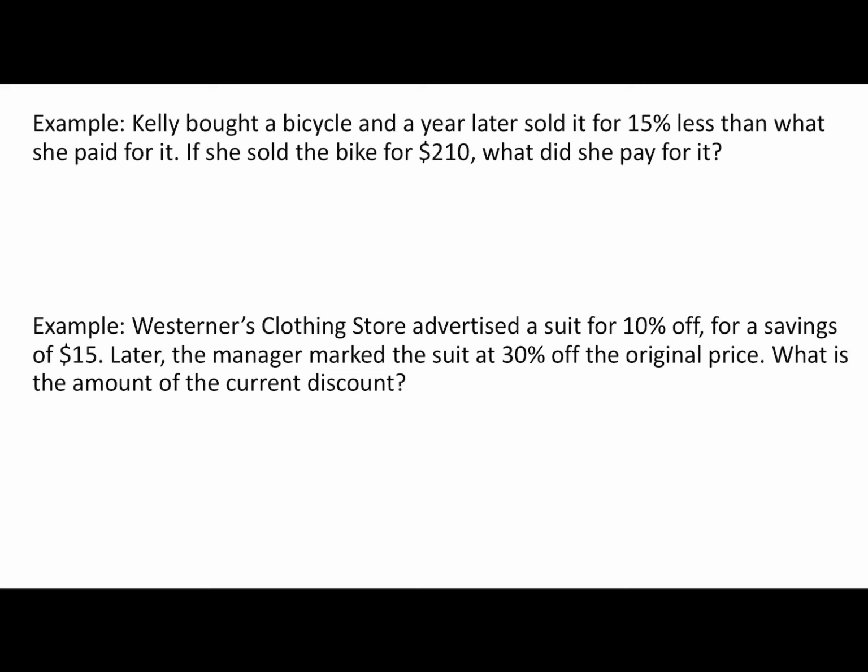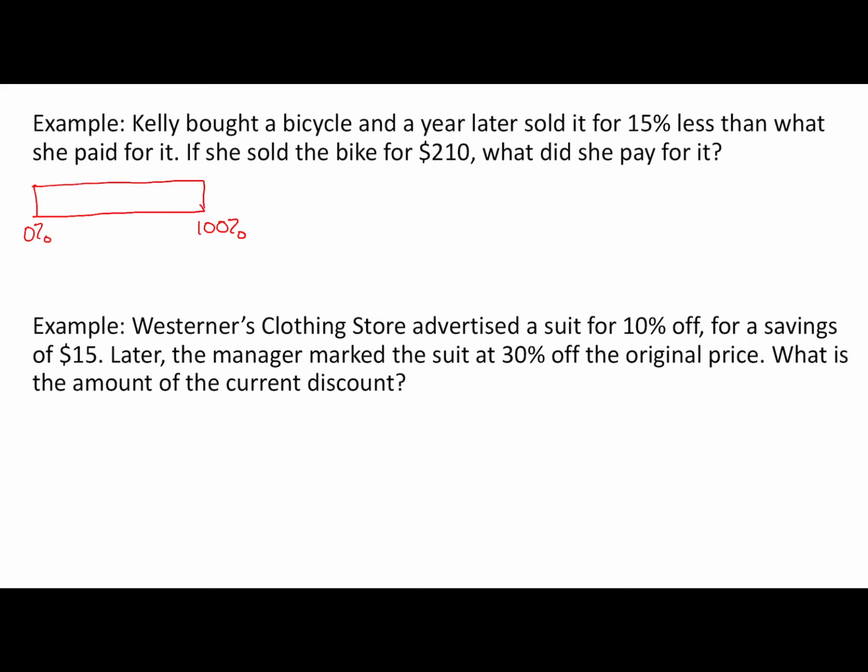All right, so let's look at Kelly first. So she bought a bicycle and a year later sold it for 15% less than what she paid for it. If she sold the bike for $210, what did she pay for it? I'm going to draw my percent bar here. Here's my 0% on the left, 100% at the right.